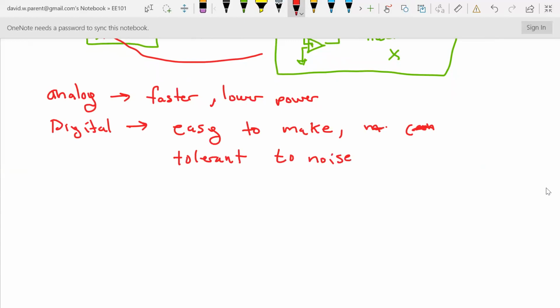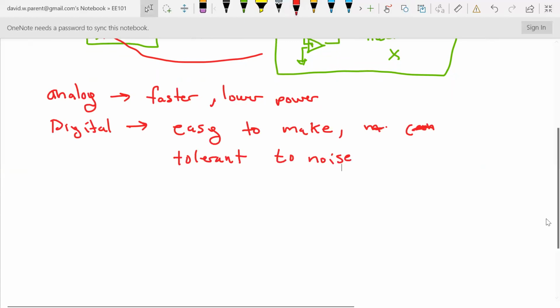At any given technology node, the analog should be able to go faster and process more things, but it is sensitive to noise, and it takes a little more understanding to do an analog circuit, whereas digital circuits are easier to make and tolerant to noise.